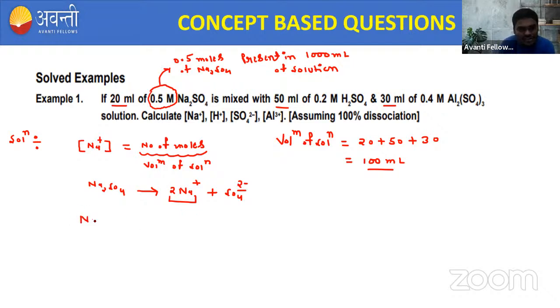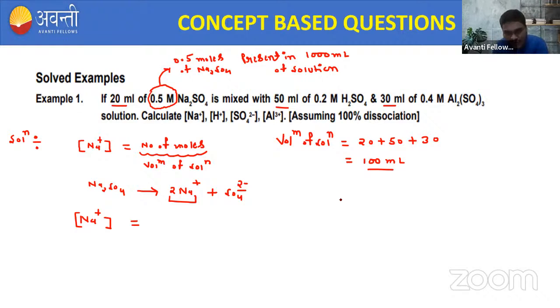The concentration of Na+ is equal to the number of moles of Na. So what is the number of moles of Na? You can also calculate by using a formula, or just a normal calculative method.